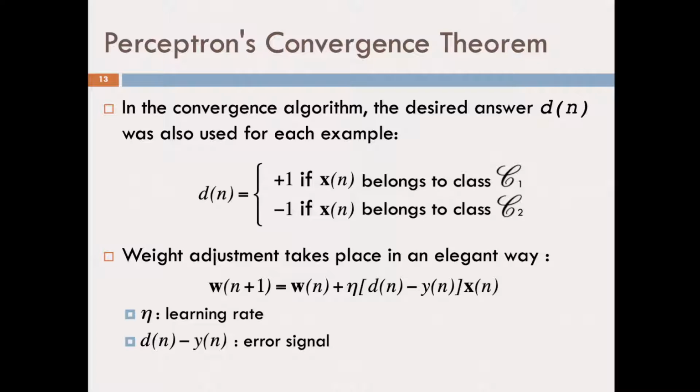If you break this formulation into a summation, you have an xi associated with a wi. So the signal connected to the neuron is xi, one feature of the whole instance, and this feature is associated to wi. This is the learning rate, and this is what we call the error signal.